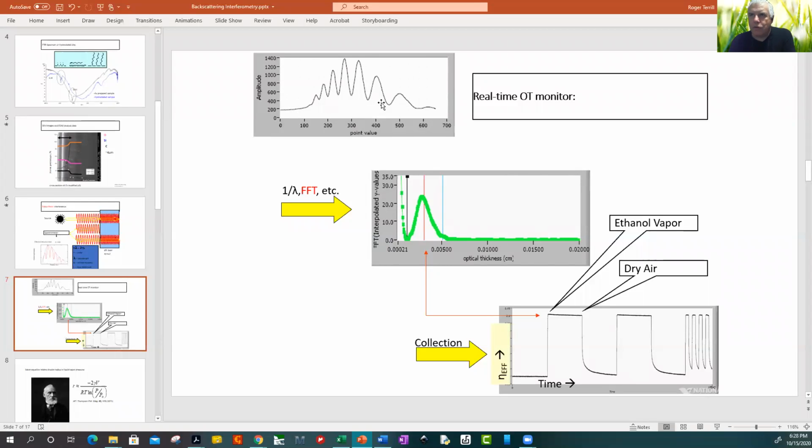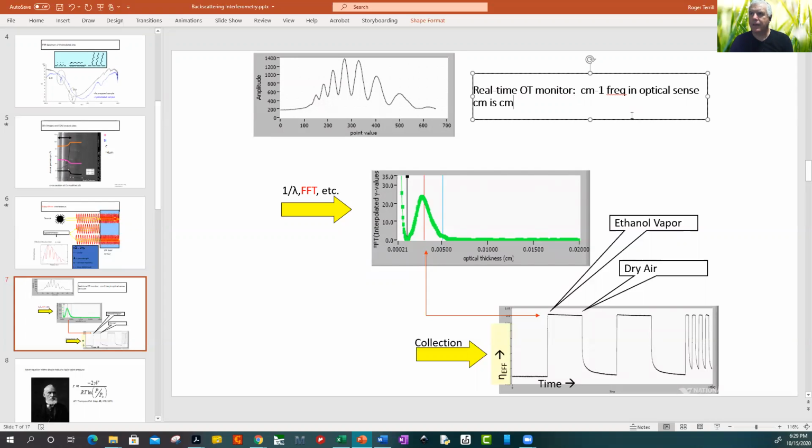So the time turns into frequency, or the wave numbers turn into centimeters. Because reciprocal centimeters is frequency in the optical world, and centimeters is centimeters.